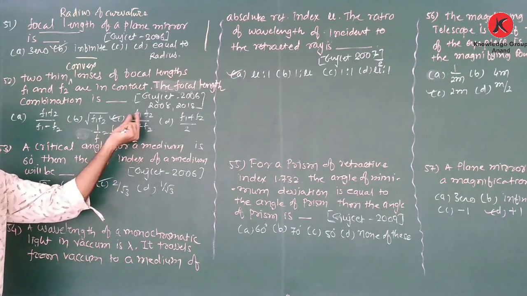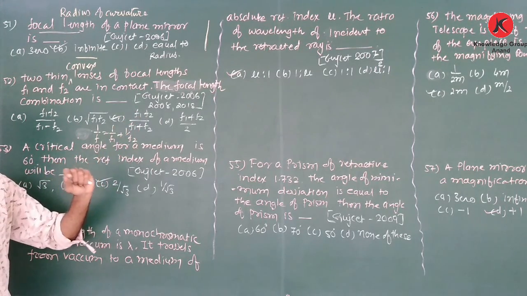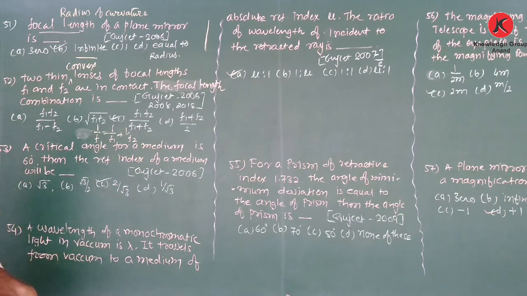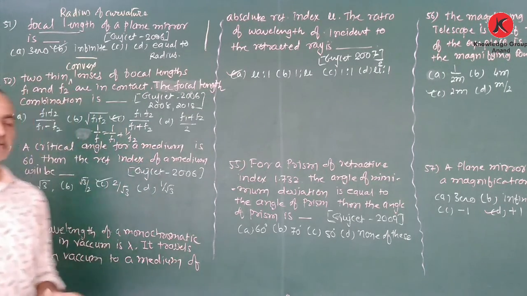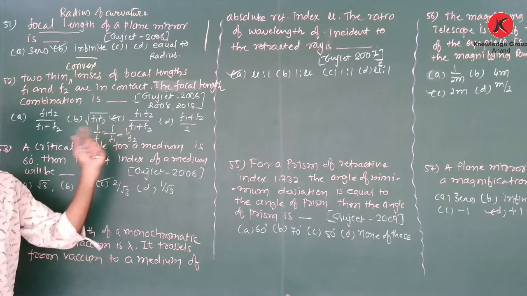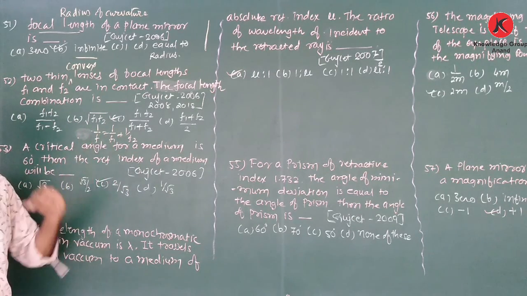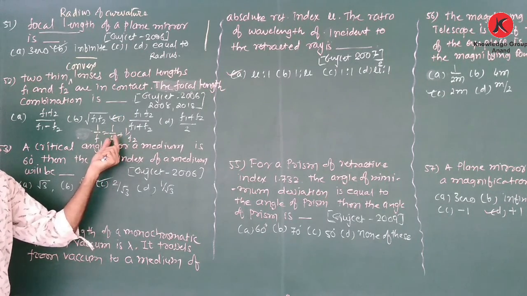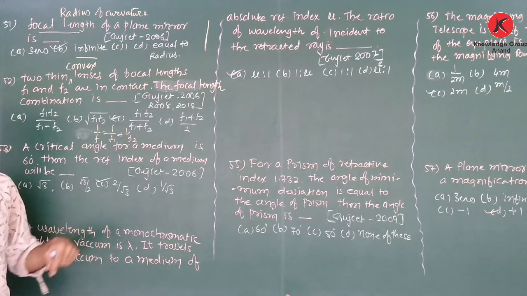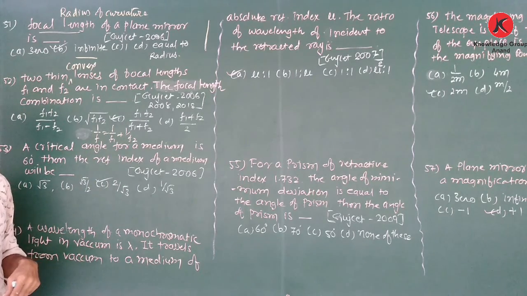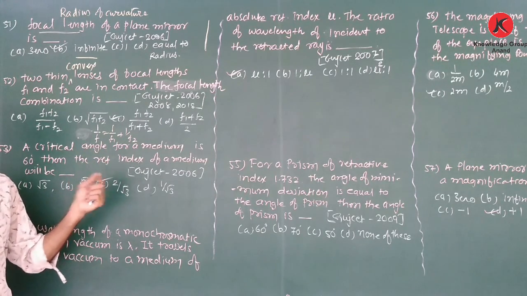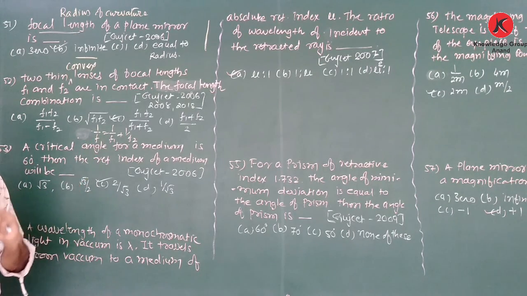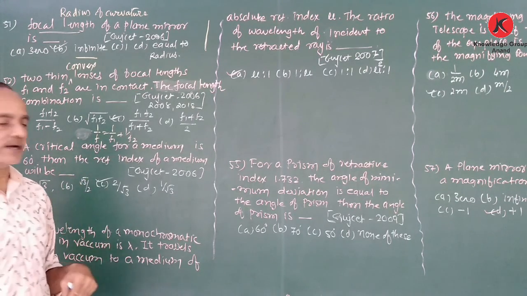Focal length is f1 f2 upon f1 plus f2, while the power is f1 plus f2 upon f1 f2. This is only the simplification of the resultant focal length of the combination of two thin convex lenses: 1 upon f is equal to 1 upon f1 plus 1 upon f2.